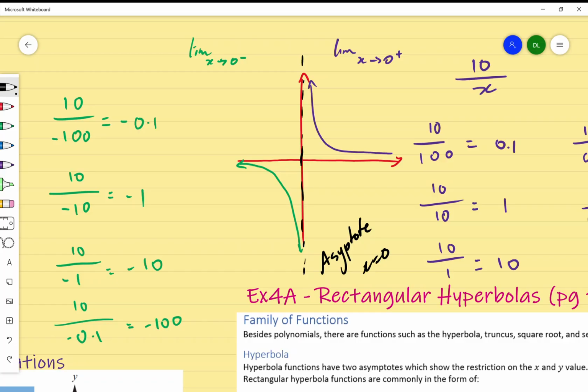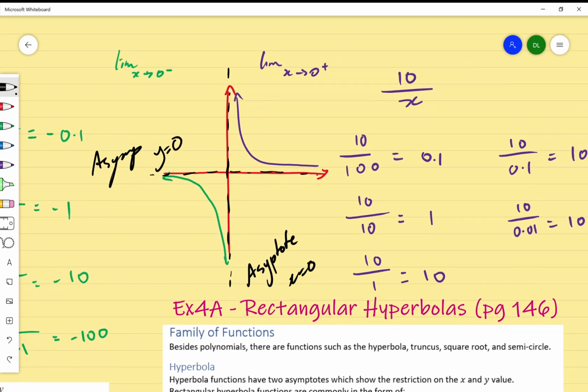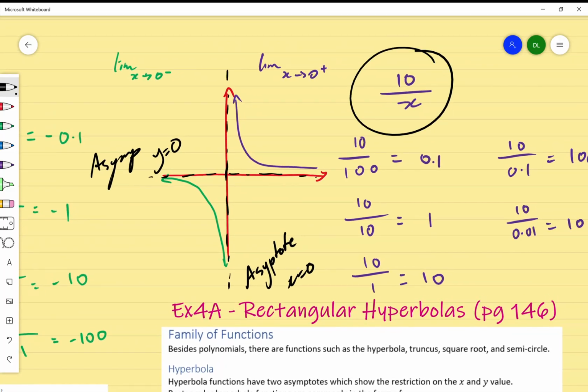You can probably guess by the name, it's quite intuitive. This is what we call a horizontal asymptote, where y cannot equal 0. That's why we have that asymptote. The reason y can't equal 0 is that whatever value of x I put in, there's no way the output, my y value, is going to equal 0.